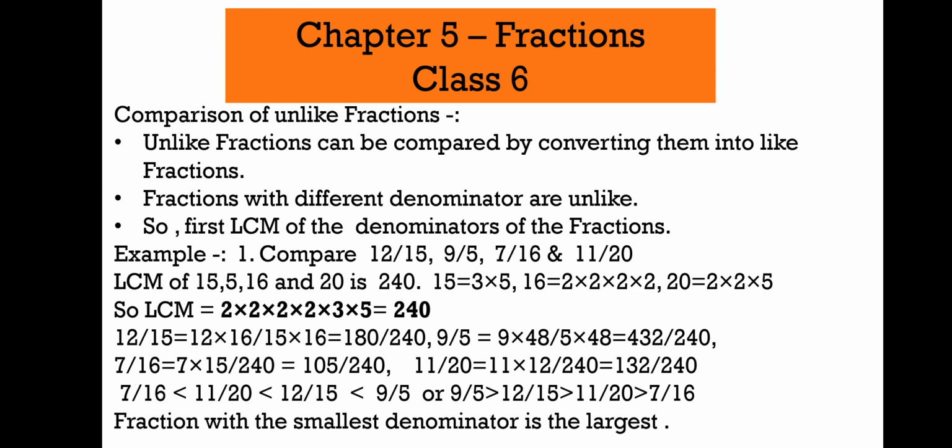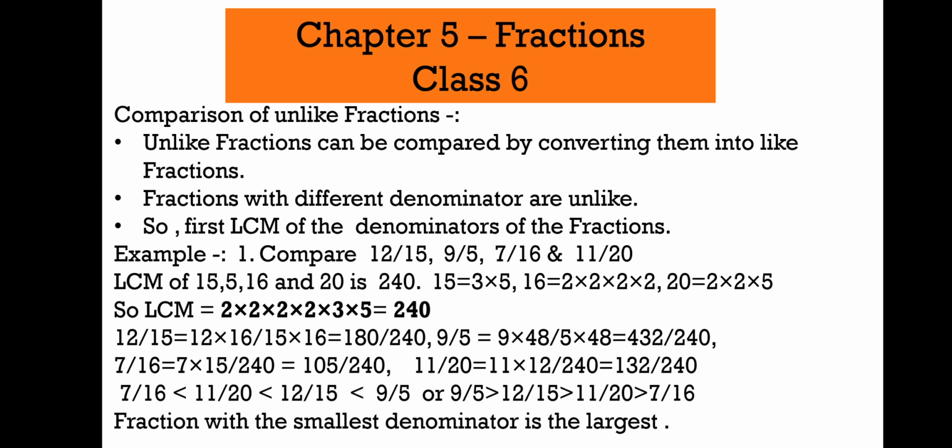So here we can now understand which is the smallest. 7 upon 16, because its numerator in the equivalent fraction is 105. So it is the smallest. Then 11 upon 20, which is 132 upon 240. Then 12 upon 15, that is 180 upon 240. And the last is 9 upon 5. So 9 upon 5 is the greatest of all.